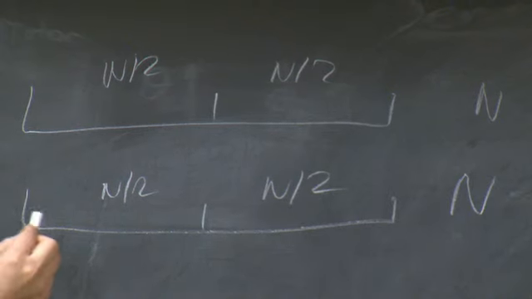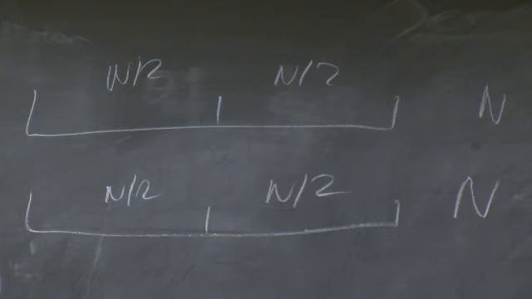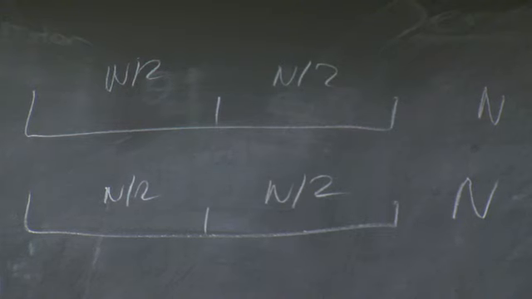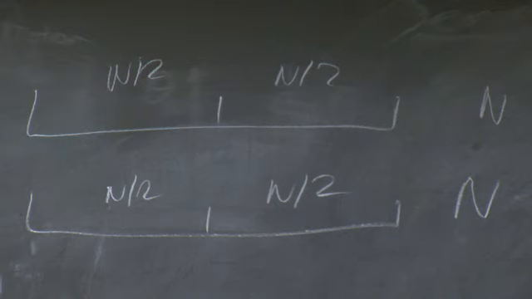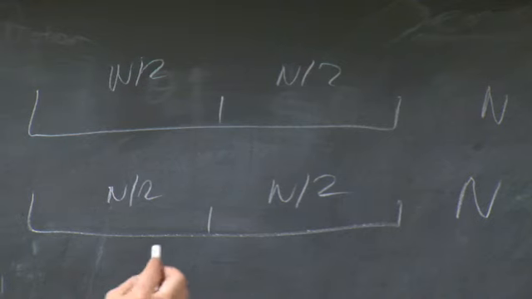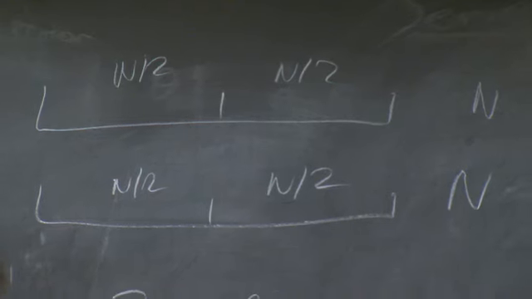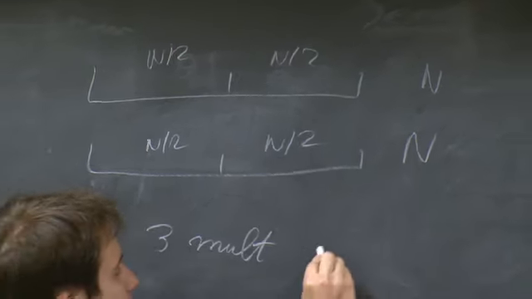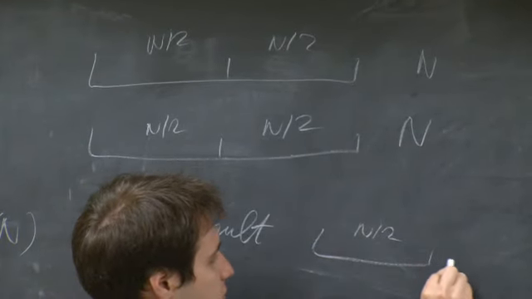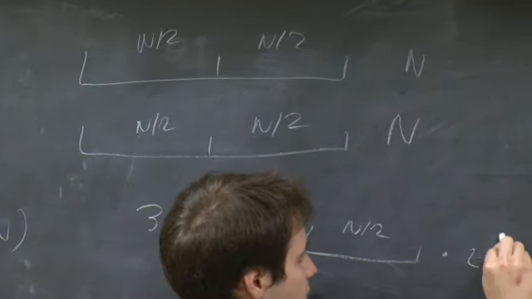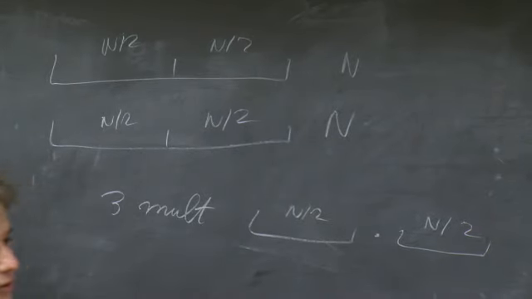And then it is able to compute the product of these two numbers by only using 3 multiplications and then some additions. Multiplications are expensive, additions are cheap. So it does 3 multiplications that are of the form some number of n over 2 digits multiplied by some number of n over 2 digits.